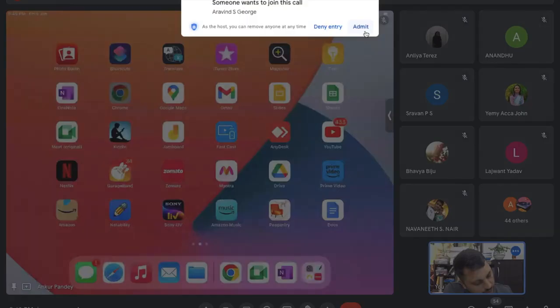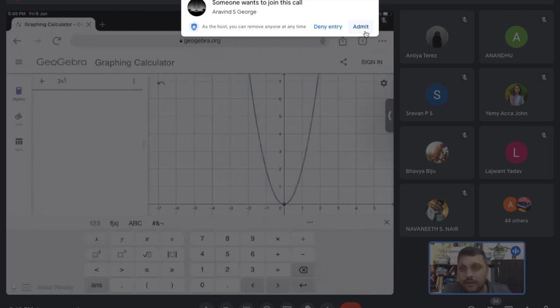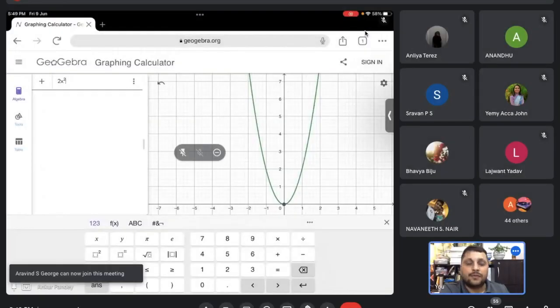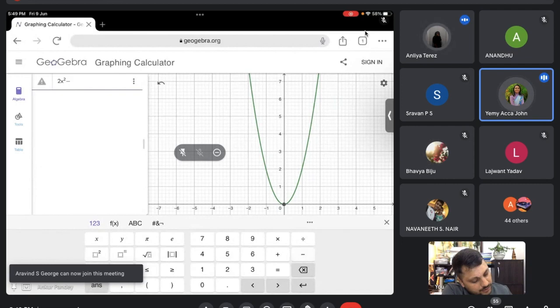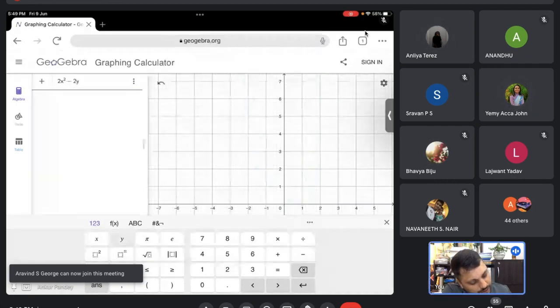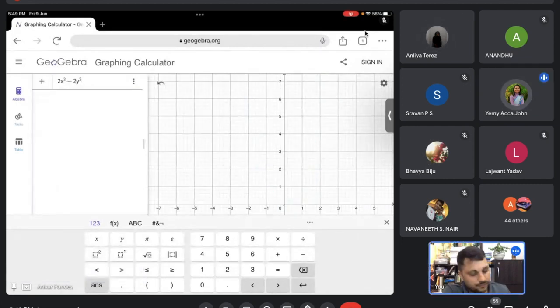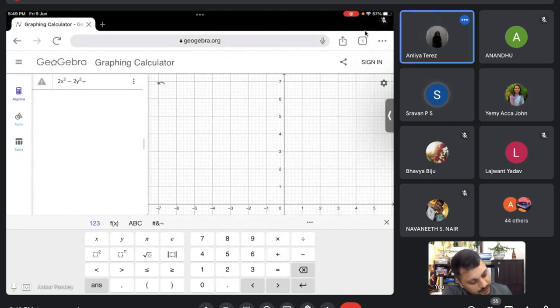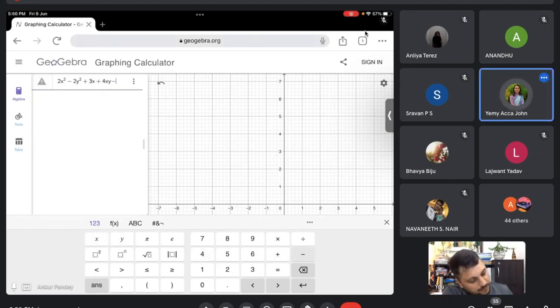Please tell. 2x square minus 2y square plus 3x plus 4xy minus 2y square. No, yaar, y square is already done.